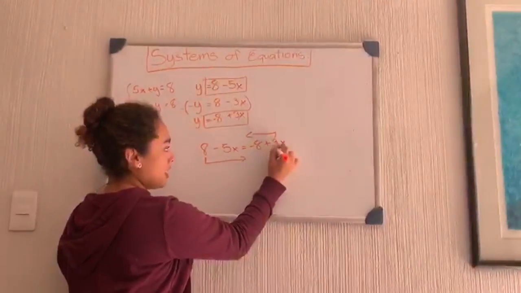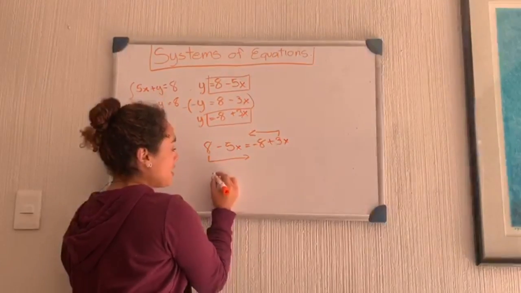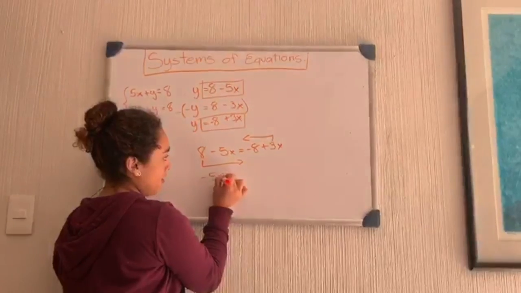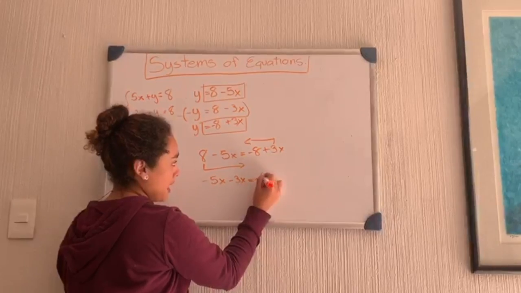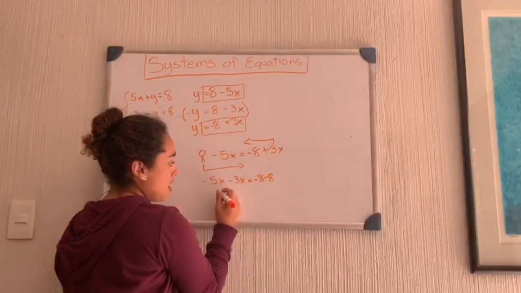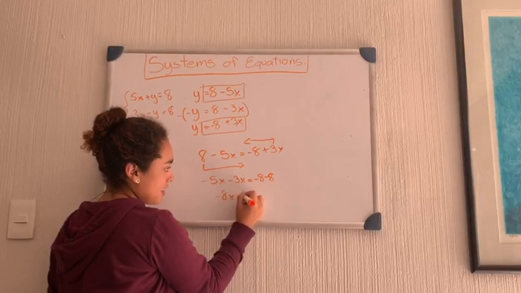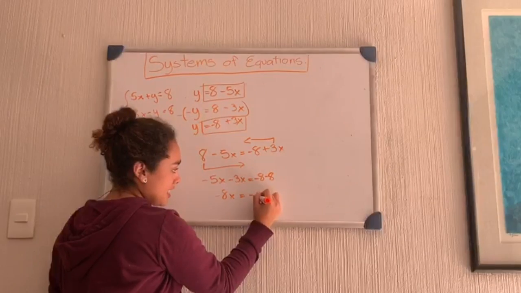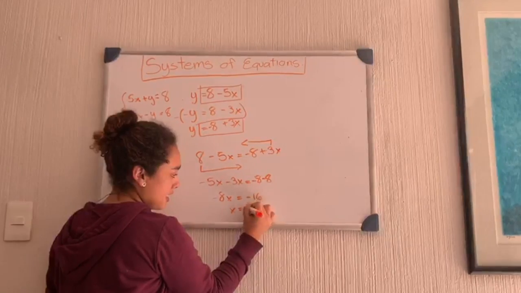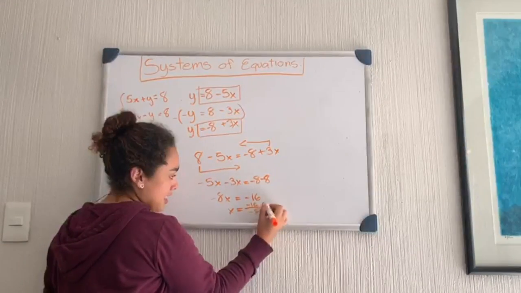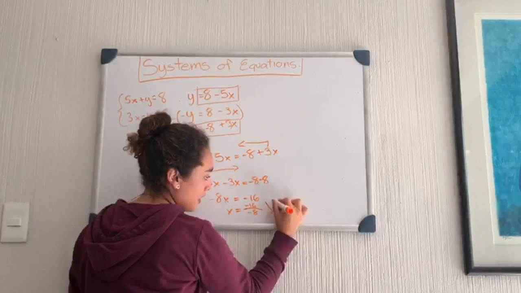Now we're going to pass all the x variables to this side and all the plain numbers to this one. So we have minus 5x minus 3x equals minus 8 minus 8. So now we have minus 8x equals minus 16. x will be minus 16 over minus 8, and this gives you x equals 2.